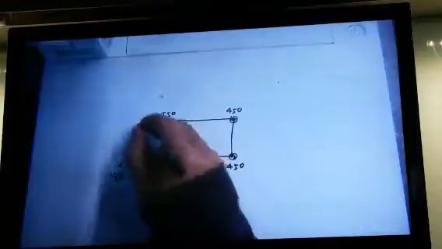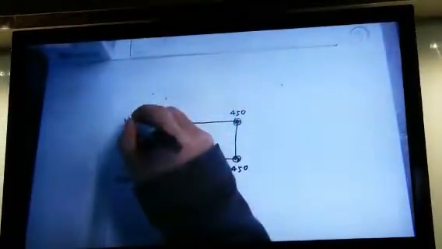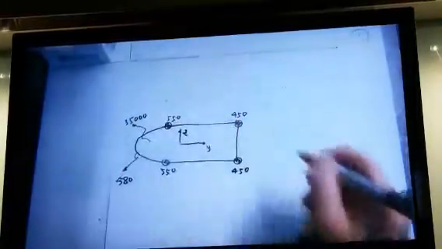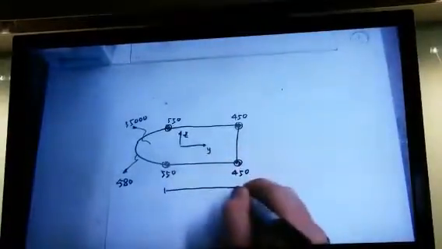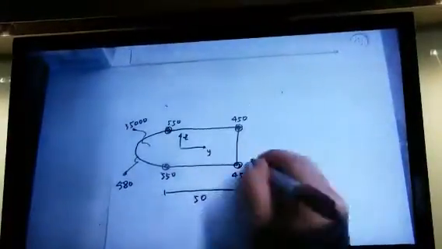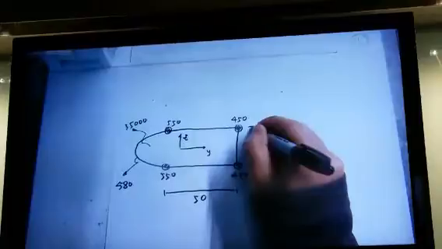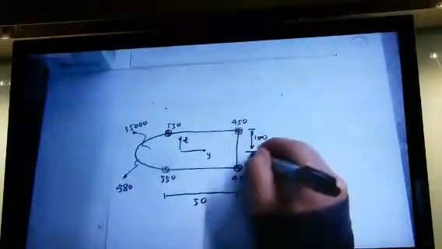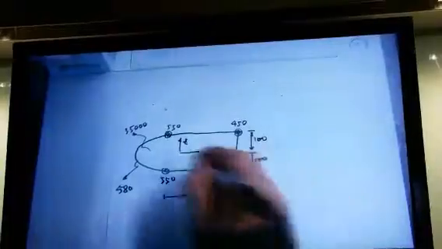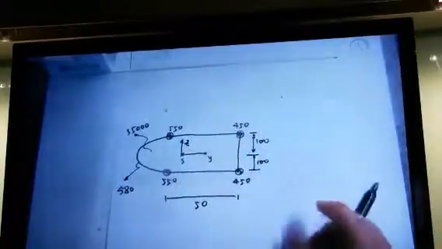And this curved area is 35,000. So this is the geometry. From here to here is 50. From here to here, 100 here, 100 here. Suppose this is the shear center.